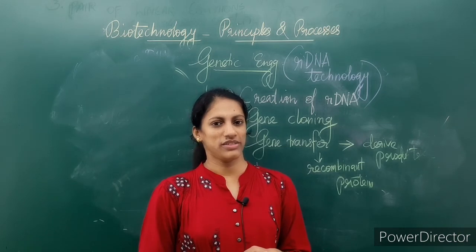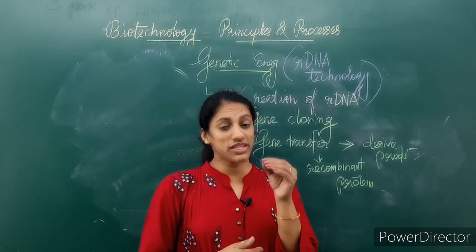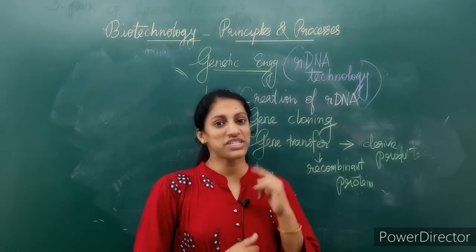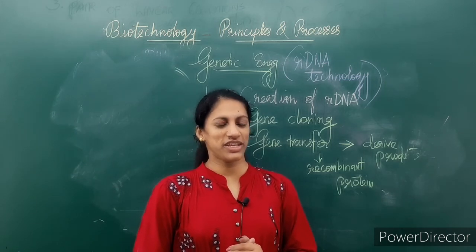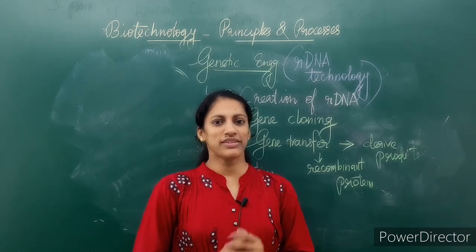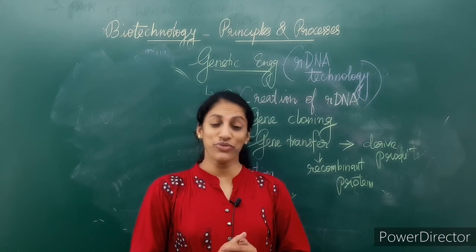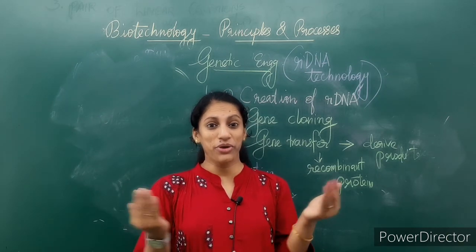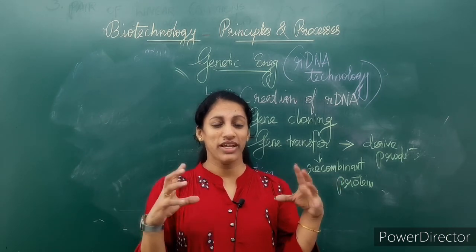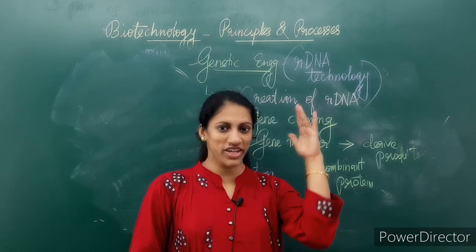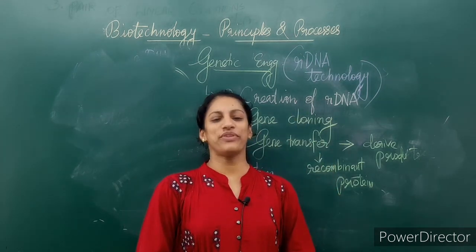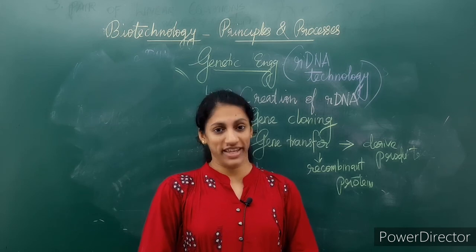Only these things. And for the next class we will discuss who produced the first rDNA. It's very interesting to know that, is it not? Who got these ideas first? Incorporating two genes, developing a recombinant DNA, something great, is it not? So who developed the first rDNA?